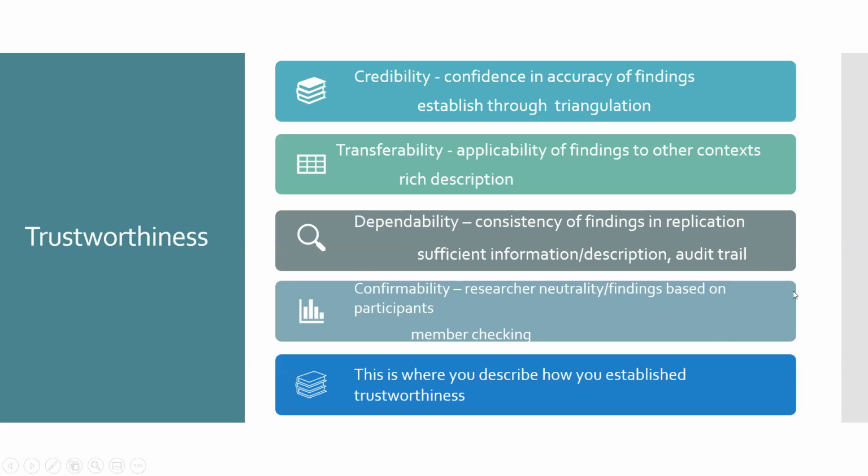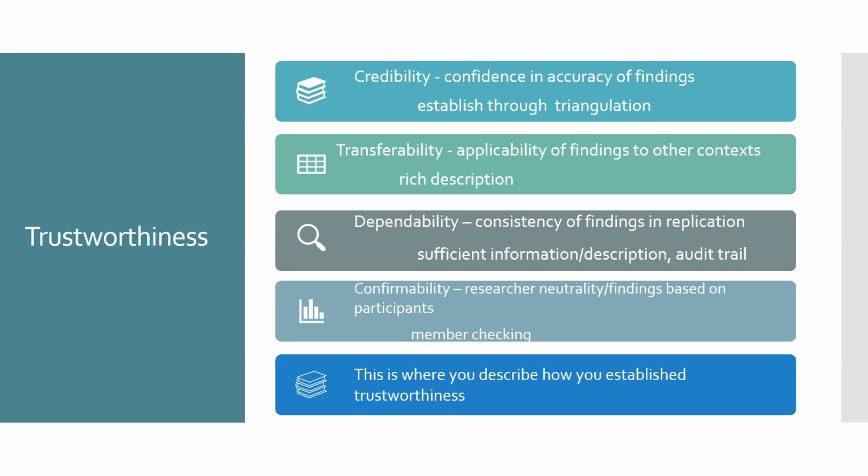The trustworthiness section is also something that you've probably included in your methods chapter. So here's where we revisit that to talk about, again, any deviations from the plan in your methods chapter. So how you ultimately establish trustworthiness in your study. So credibility, transferability, dependability, confirmability, those four key tenets of trustworthiness.